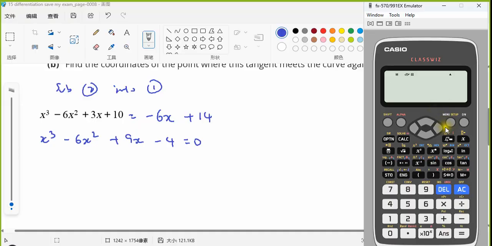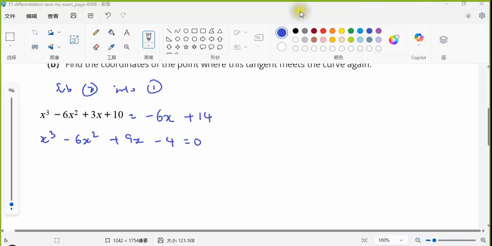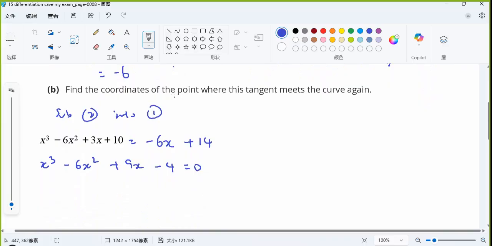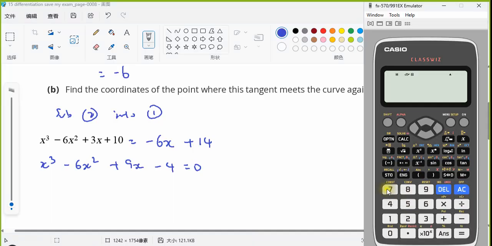So we need to find the other roots. We know that x equals 1 is one of the roots. We can just sub in 1 minus 6 plus 9 minus 4, then it's 0.